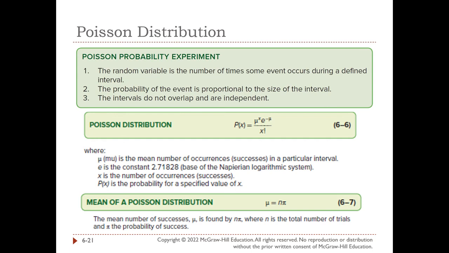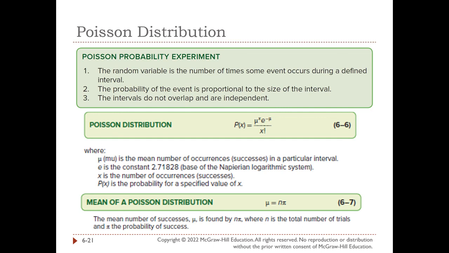So, to perform a Poisson distribution, the random variable is the number of times some event occurs during a defined interval. The probability of the event is proportional to the size of the interval, and the intervals do not overlap and are independent. Thus, we come out to this formula.